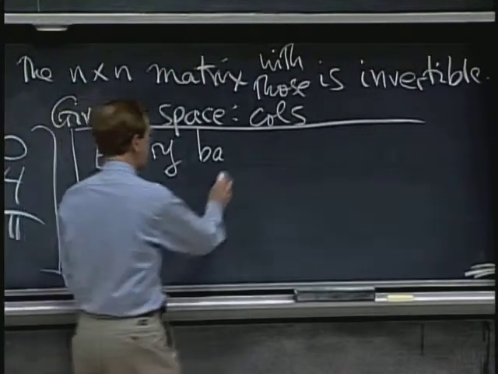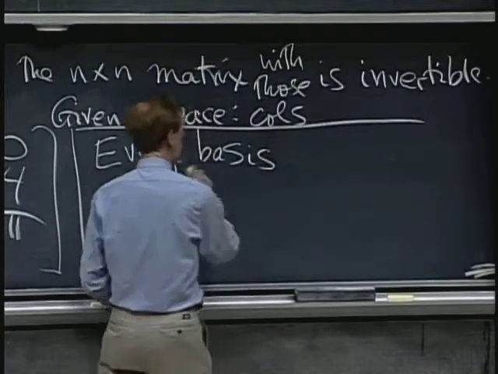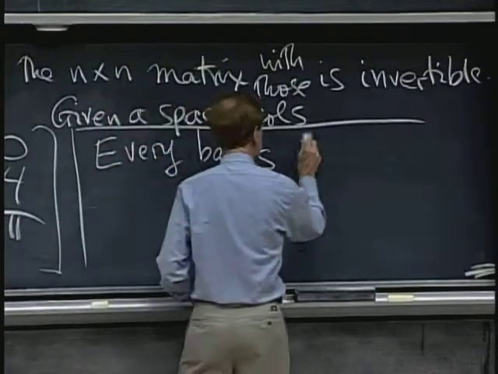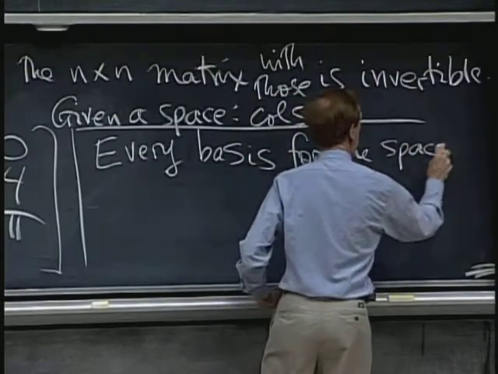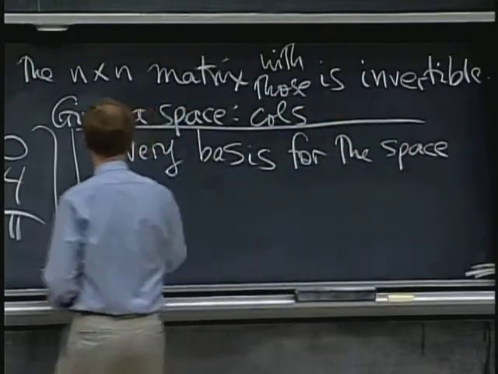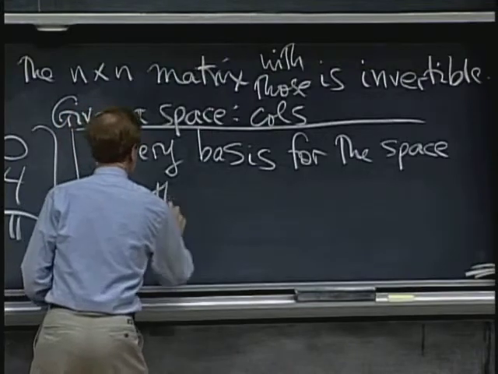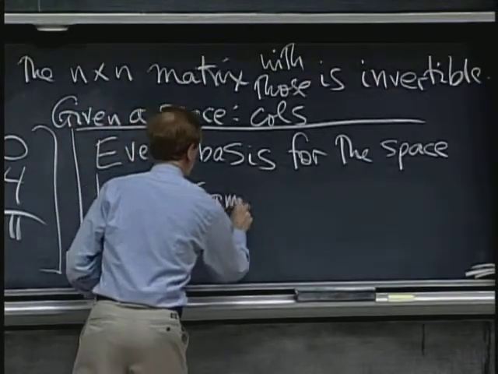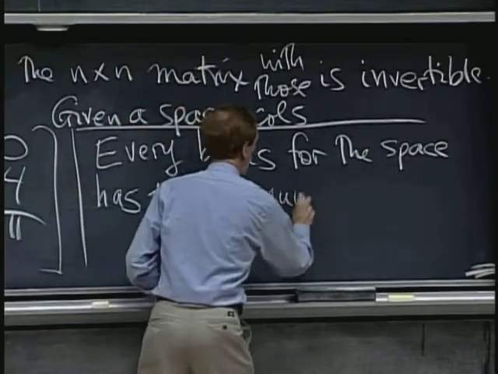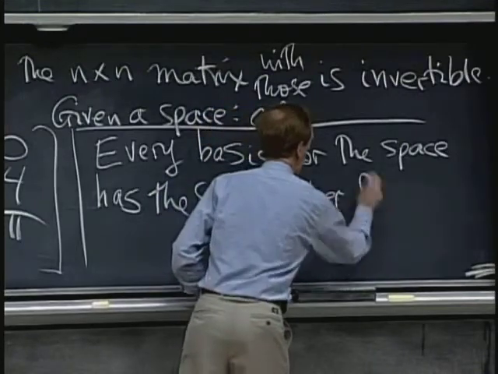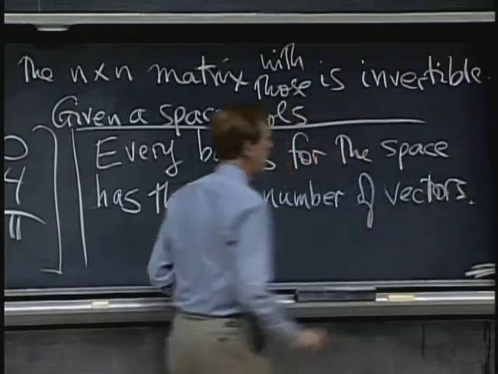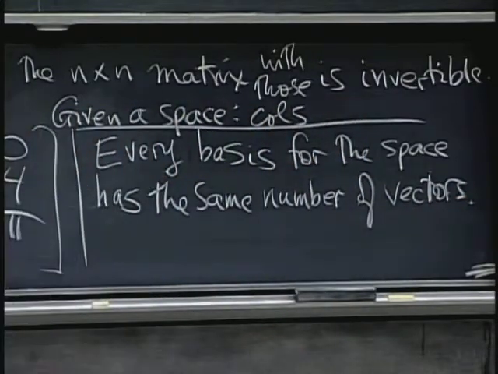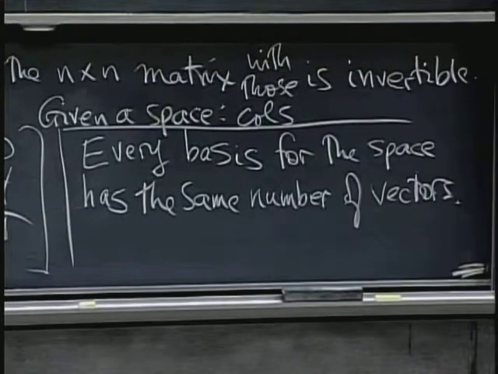Then the great fact is that every basis for the space has the same number of vectors. If one basis has 6 vectors, then every other basis has 6 vectors.